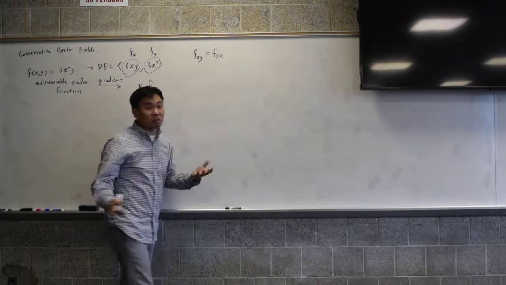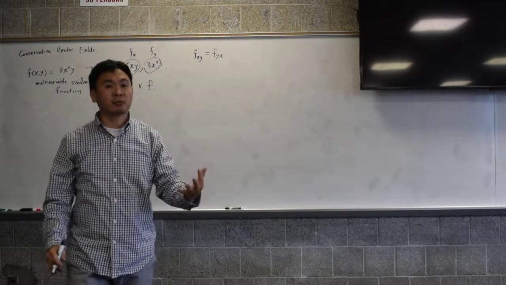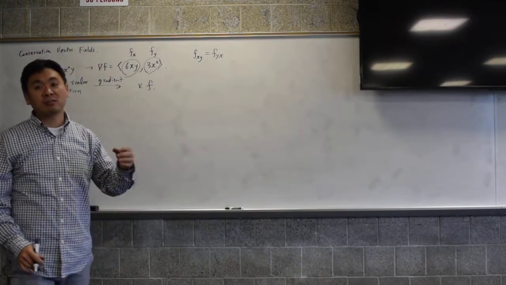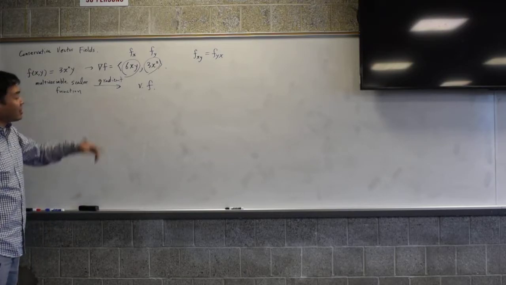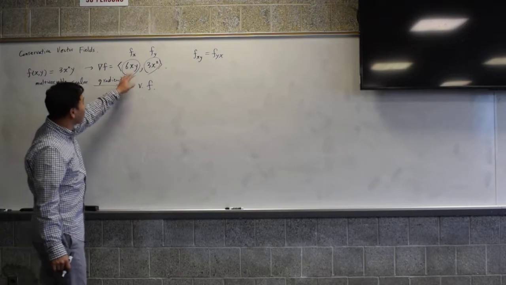The partials commute. If you differentiate by x first and then y, it's the same as differentiating by y first and then x. So that has to hold, and of course it does hold in this case.